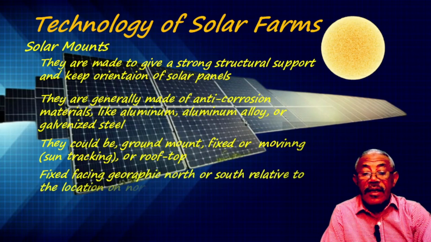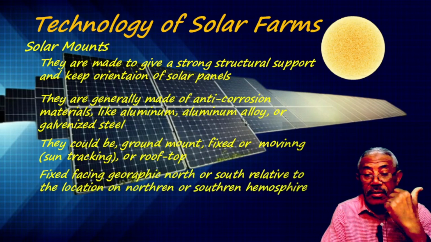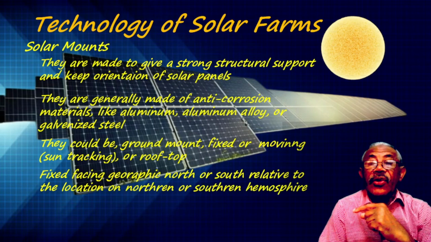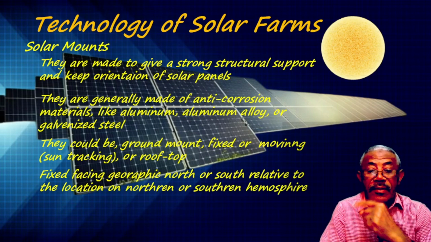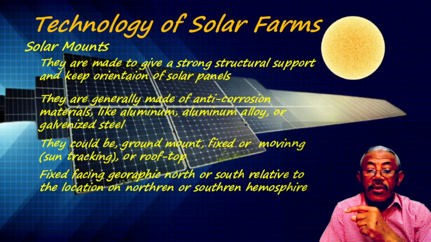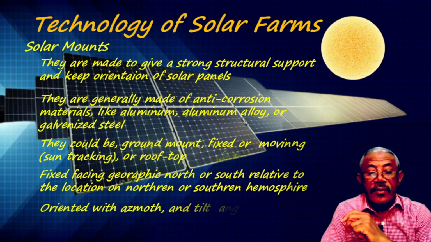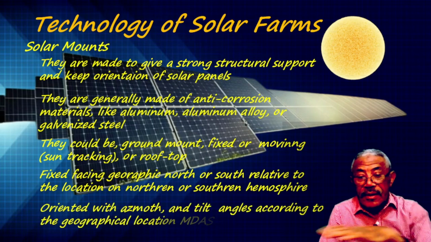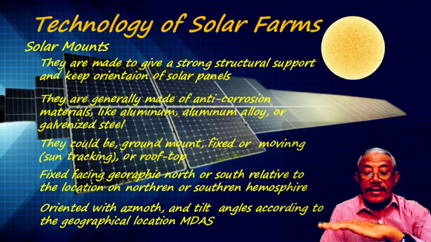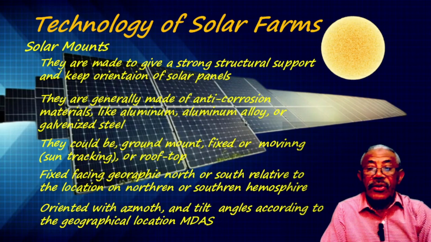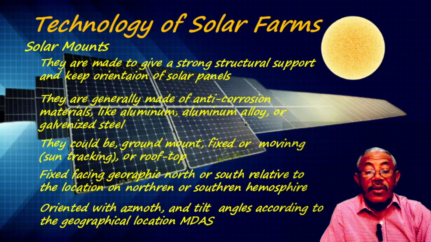Fixed facing geographic north or south relative to the location of the farm on the northern or the southern hemisphere. Oriented with azimuth and tilt angles according to the geographical location.